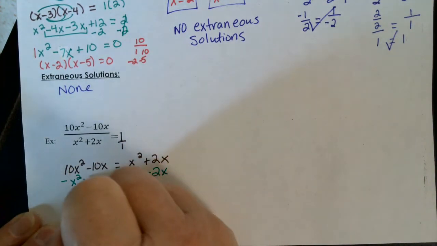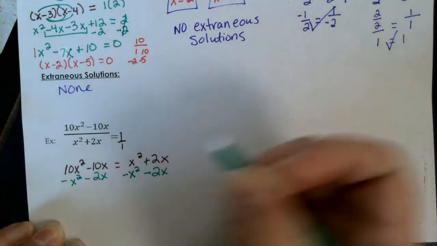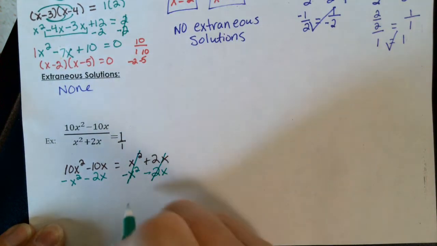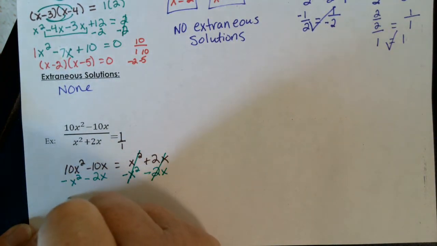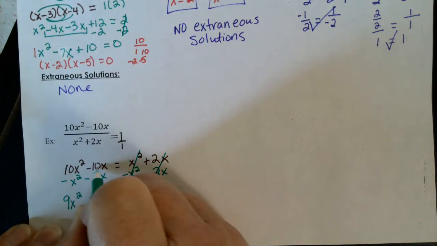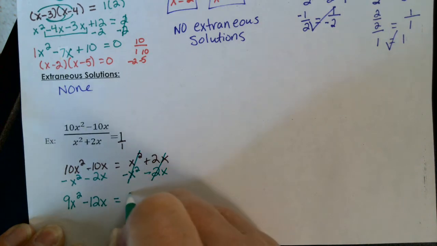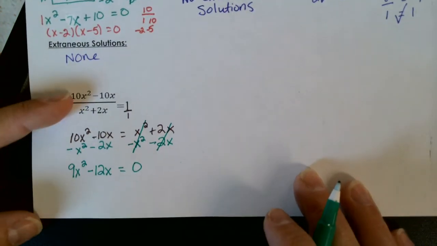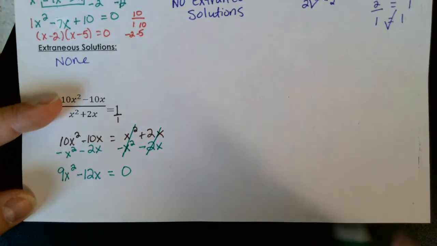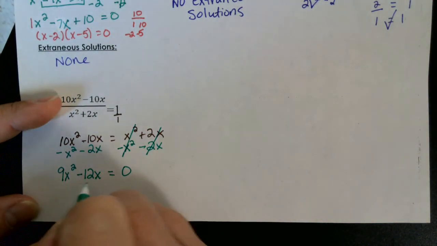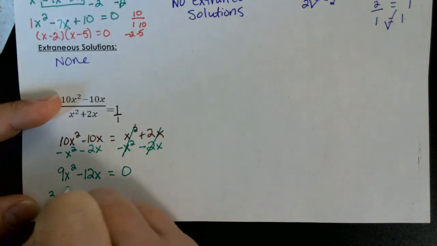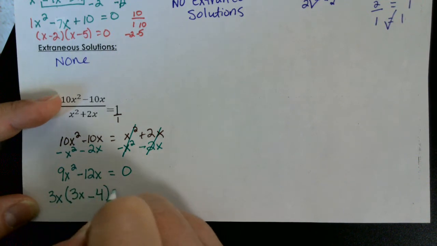Subtract or move it, subtract it if I need to. So that's gone and that's gone. So 10 minus 1, that's a 9x squared. And negative 10 minus 2, that's a negative 12x equals 0. And so to factor this, I see that I have a greatest common factor of 3x.